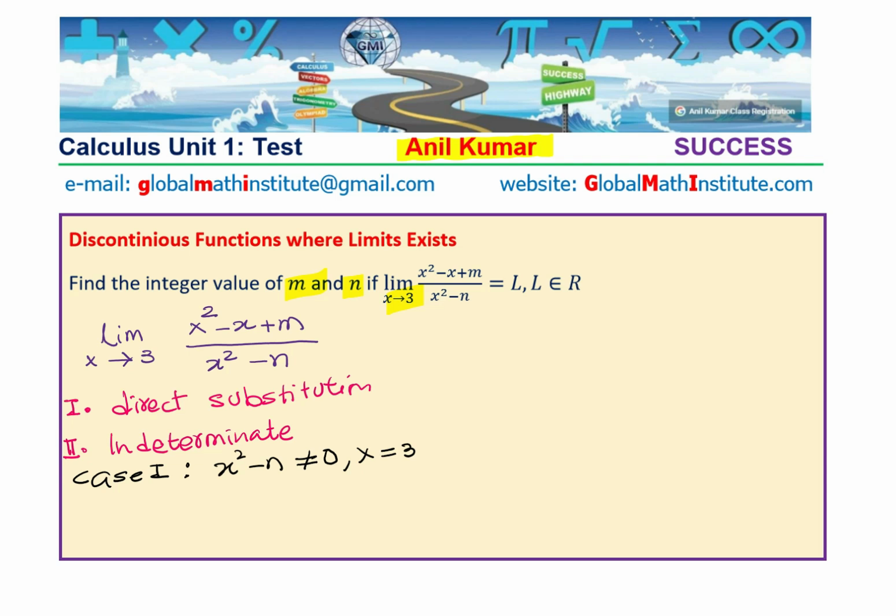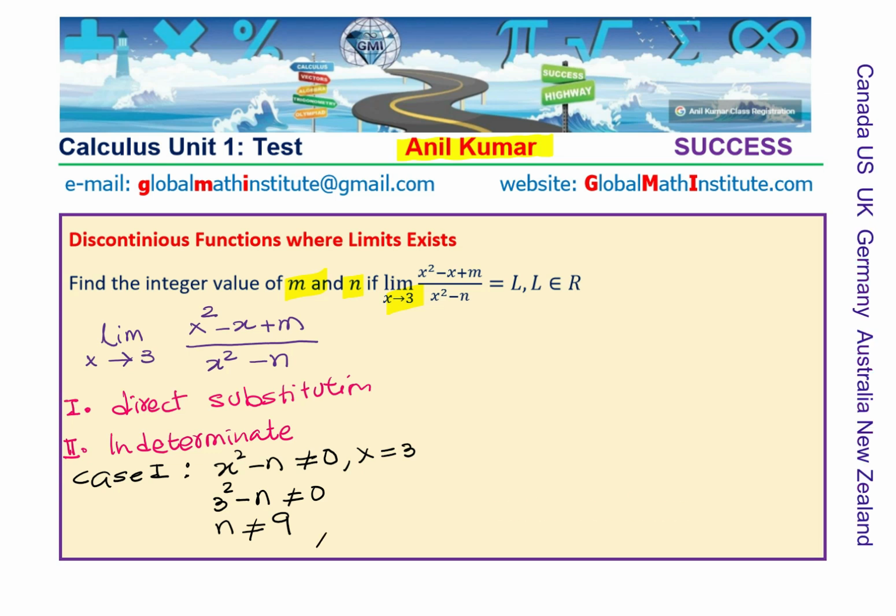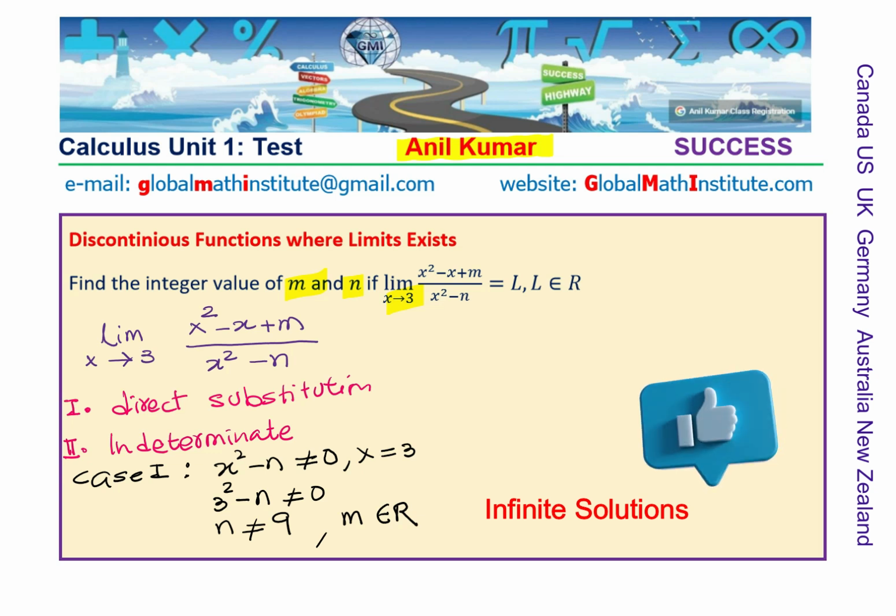So if I substitute 3 here, then 3 square minus n is not equal to 0, and you can say n is not equal to 9. So if n is not equal to 9 as x approaches 3, the function will have a real value. However, there is no restriction on m. So m belongs to real numbers. So there are infinite solutions for this particular function for the limit as x approaches 3 to exist.